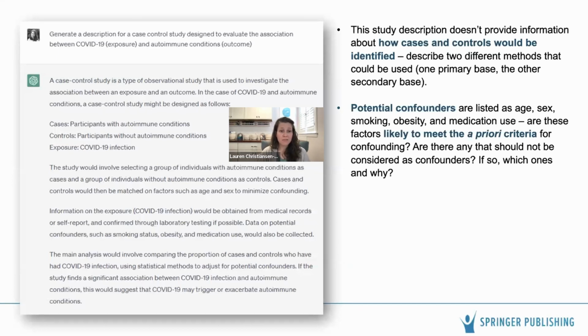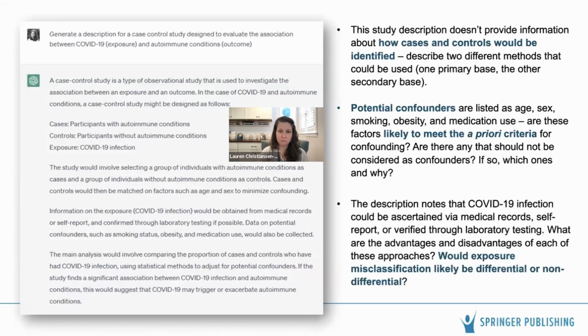Maybe they can identify factors that have erroneously been included that shouldn't be included as a confounder because they're on that causal pathway, for example. So rather than just taking the description at face value, we can pose some additional questions to help them think more and tie this back to things that they've already learned.